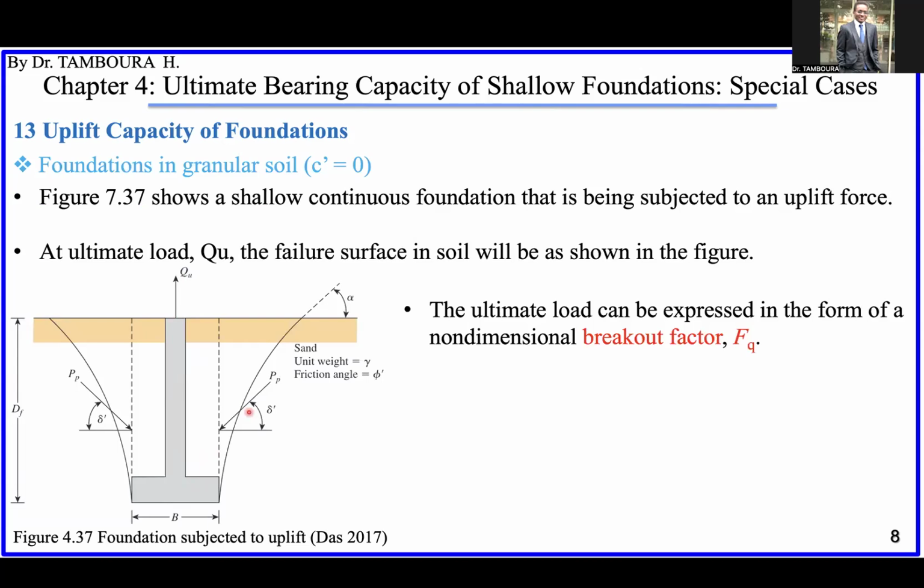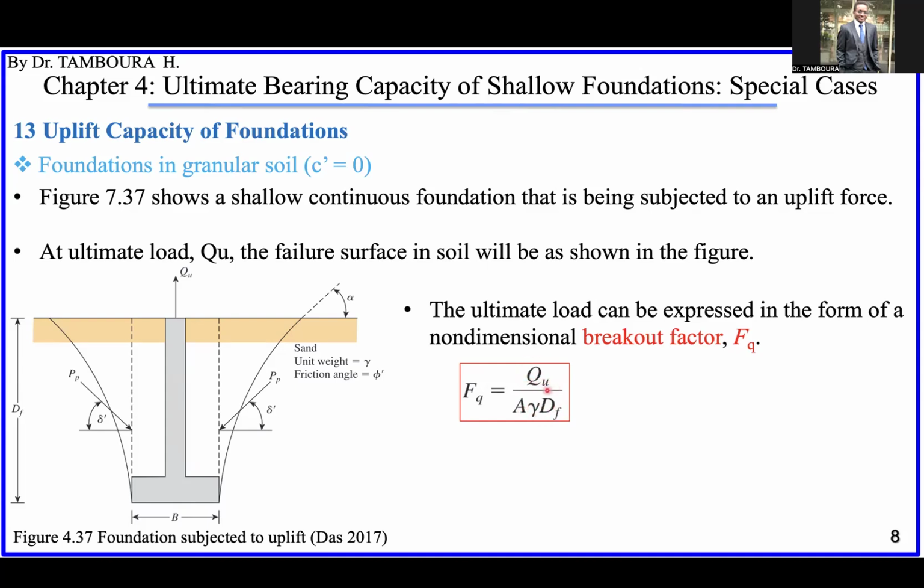So the ultimate load can be expressed in this way, non-dimensional. And this Fq is the breakout factor Fq. So what is this Fq? It is equal to the ultimate capacity divided by A gamma DF.